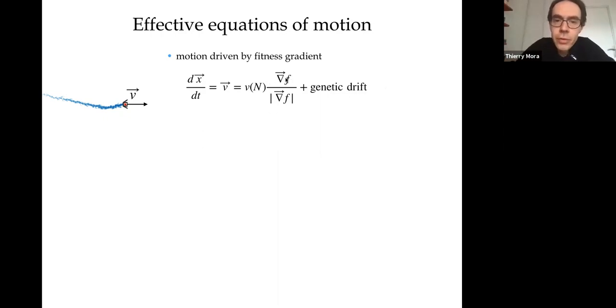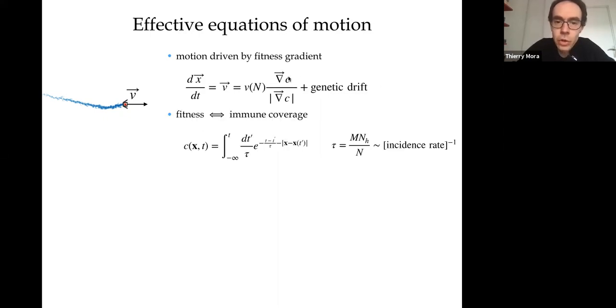I say it follows the fitness gradient. Formally, it's the same thing as the gradient of coverage, because fitness is just a nonlinear function of coverage. And this coverage is simply given by an integration of the past positions of the virus itself, so it basically encodes the trail left by the virus.